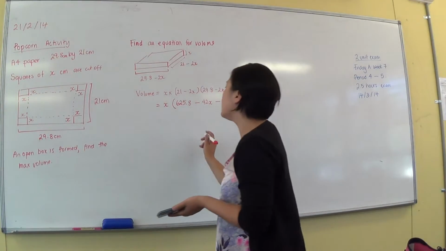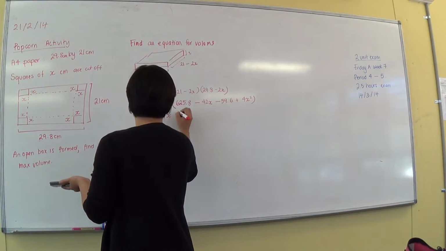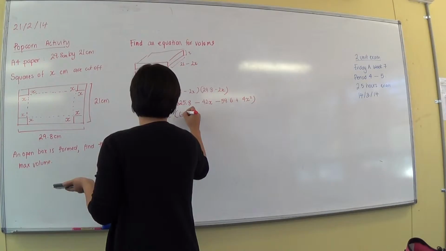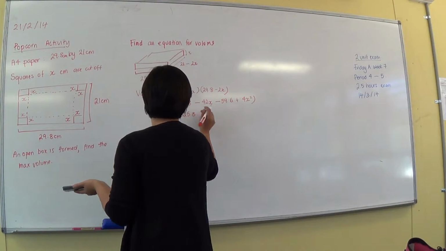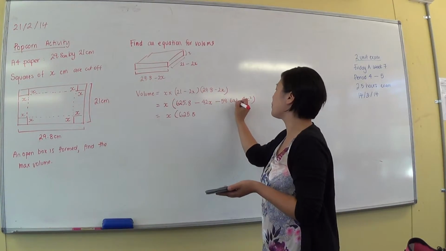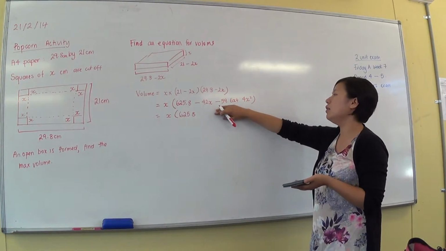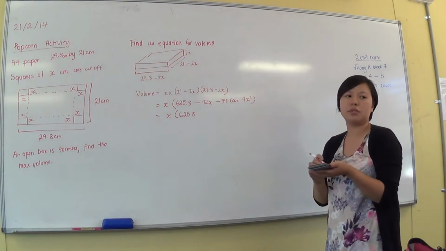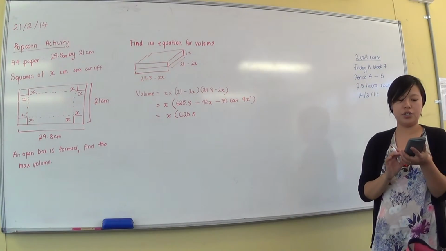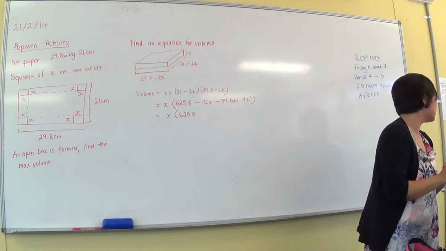The next part is collecting like terms. We have two like terms, it's these two, the minus 42 and the minus 59.6. So we can just collect those two terms. Did I make a mistake?